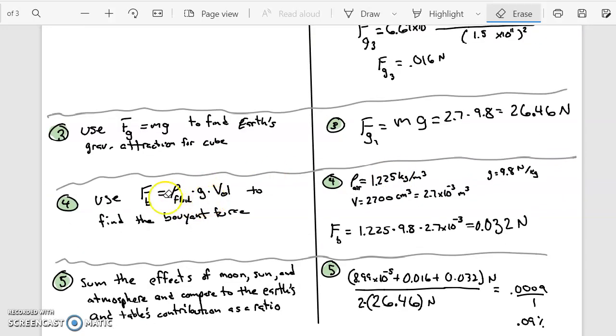The buoyancy force, due to the fact that the object takes up a certain volume in the air itself, ends up being about 32 thousandths of a newton.